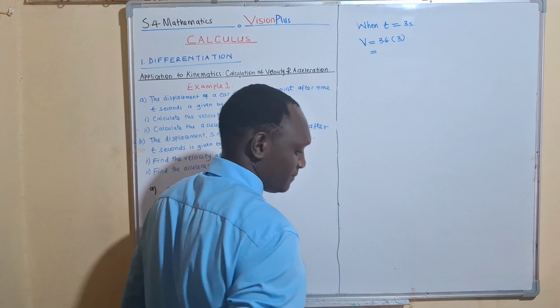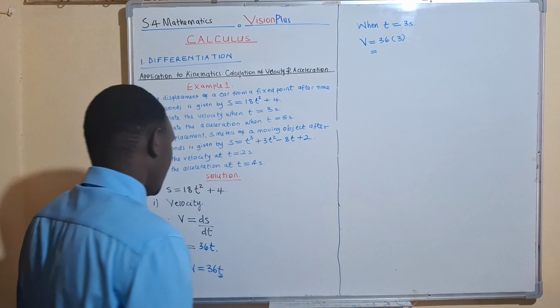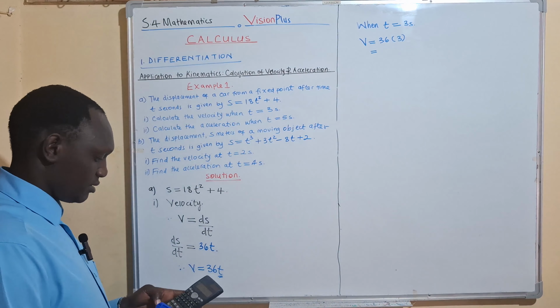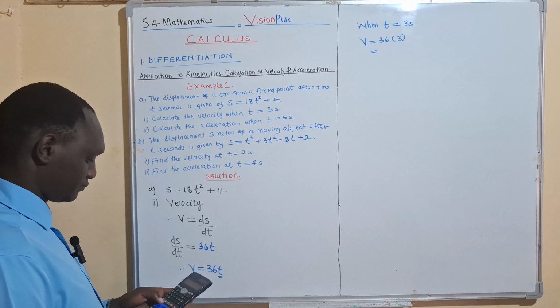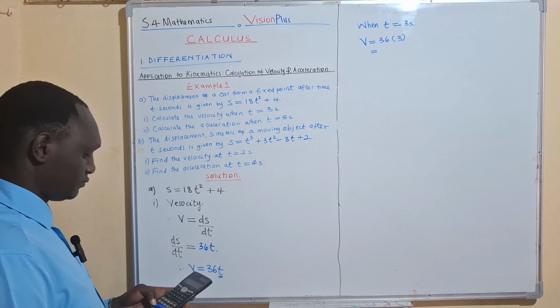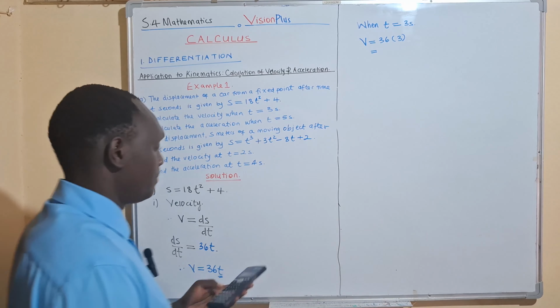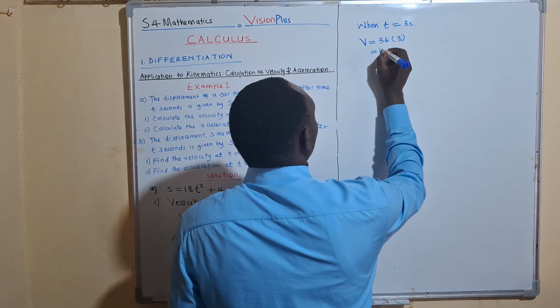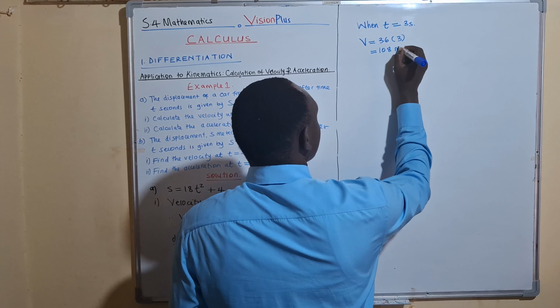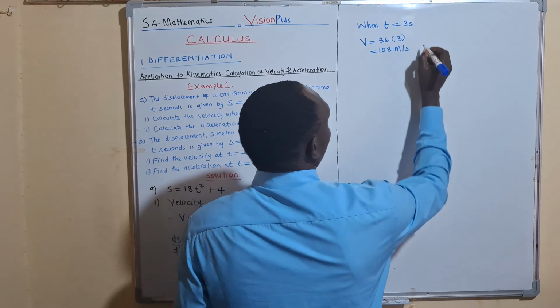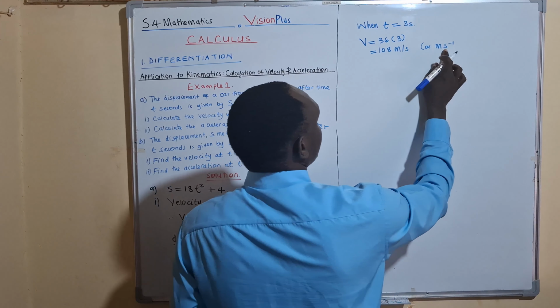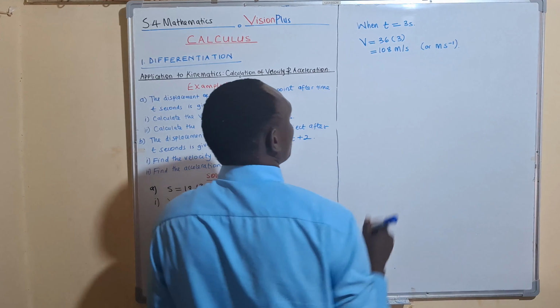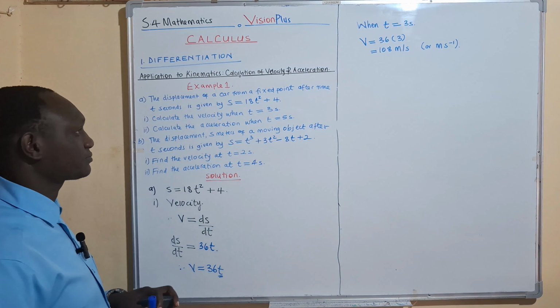Then you press the calculator and get that the velocity at time t equal to 3 seconds is 36 times 3, 108 meters per second. Not squared. Squared is for acceleration. So that is the solution for part A.